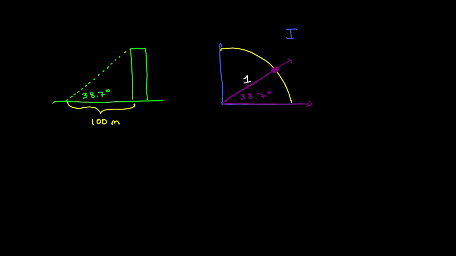Now here comes the important part. And this is what makes all this stuff in trig work with these right triangles. I want to know these other side lengths, because I'm going to use them to compare to my green triangle over here on the left.